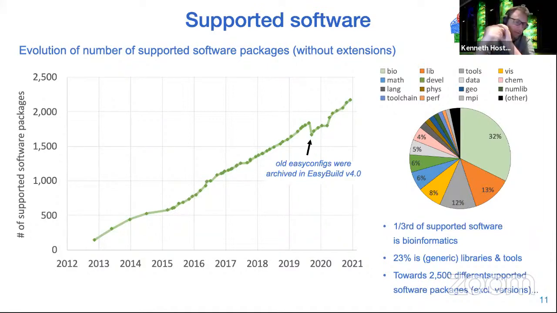So there's no sign of slowing down or anything like this. Maybe even it's slightly speeding up. So yeah, having to support more and more software is obviously a problem. But if the users or the researchers keep asking for new software, then that's what we have to support.